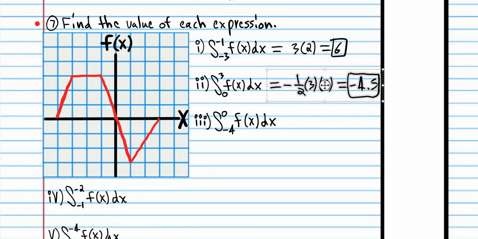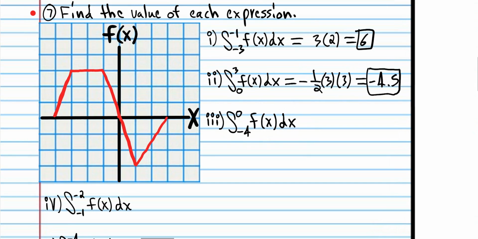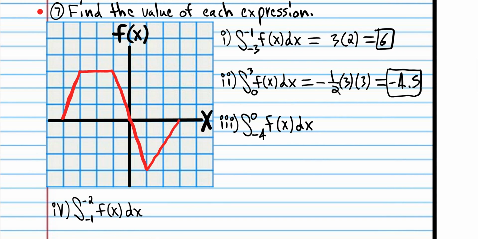Okay, so now we're going to find the area between the x-axis and the graph of f from -4 to 0. We're still moving from left to right. And because the area is above the x-axis, it's going to be positive area.